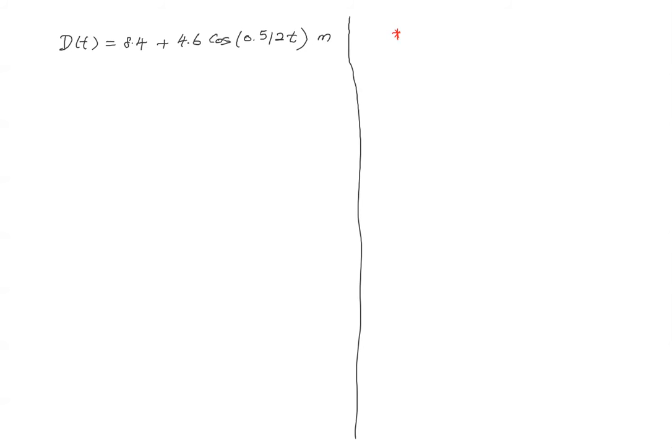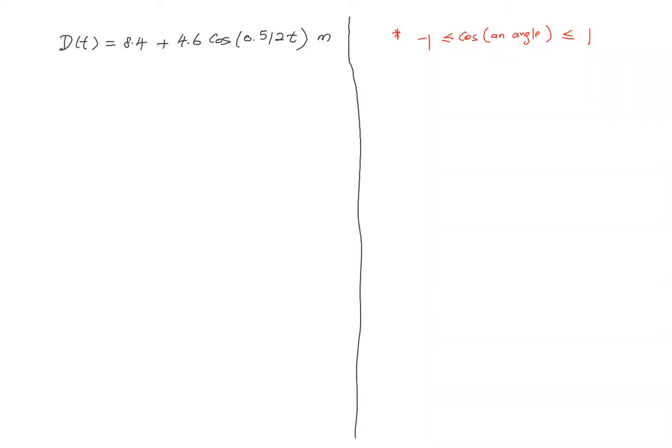Is it that no matter what value you put inside, it will never exceed 1? Cos of an angle: maximum is 1, minimum is -1. Correct? So I must always remember this, because after that it will help me.